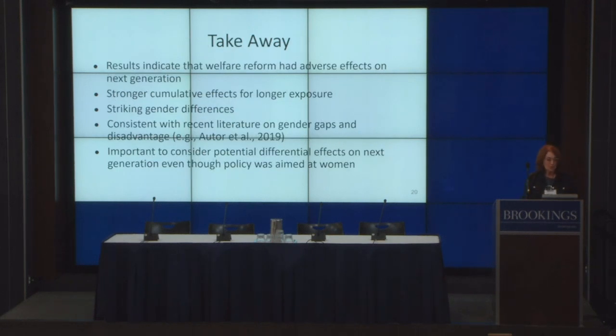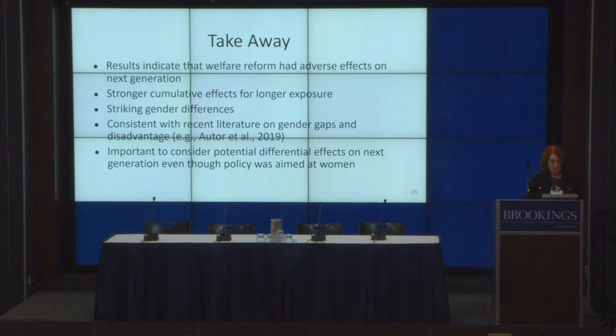So the takeaway from all of this is that welfare reform definitely had adverse effects on the next generation, even if it had positive effects on the women who were directly affected. There were stronger cumulative effects for longer exposure, and striking gender differences. And this is consistent with a recent literature on gender gaps and disadvantage.